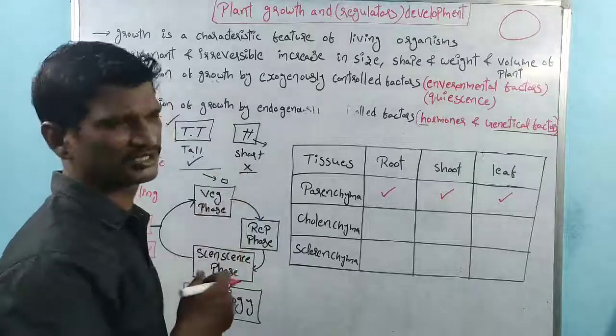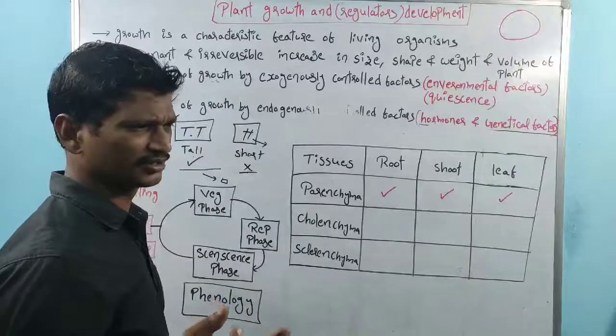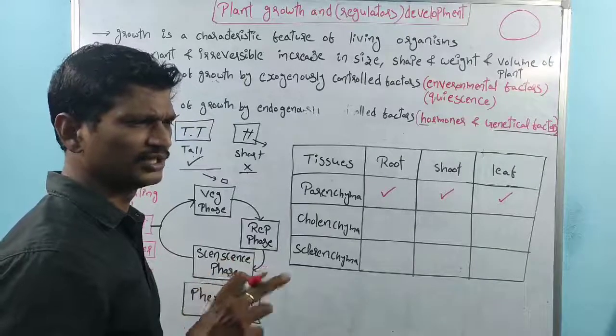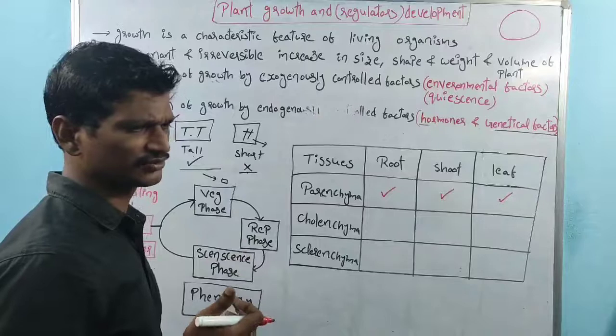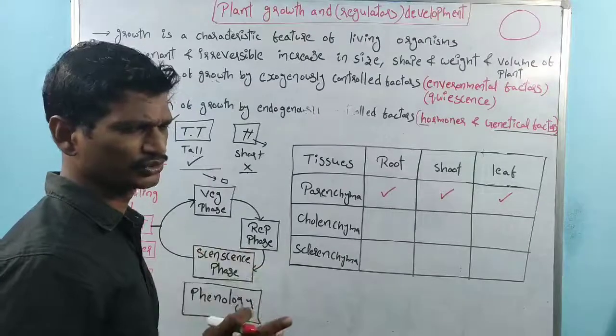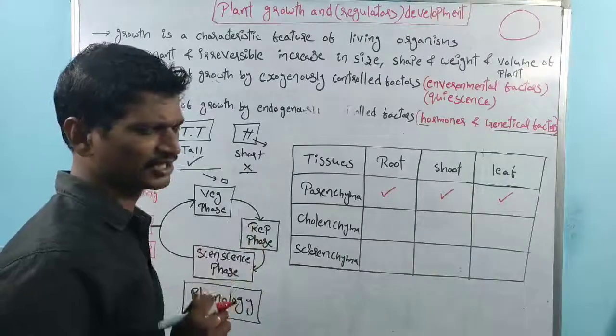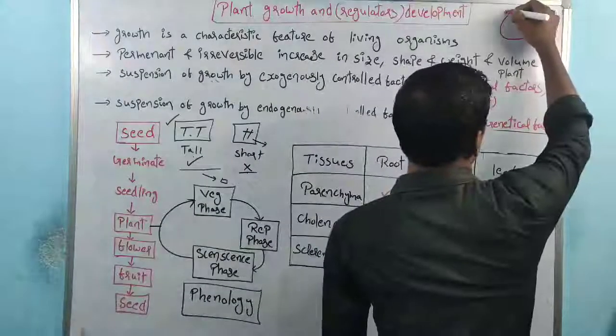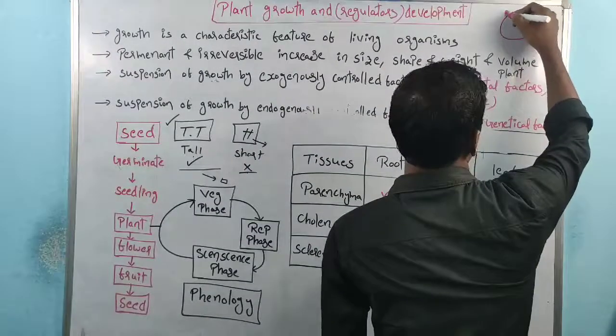Sir, how are the parenchyma cells produced? Meristematic cells are involved in continuous cell division, which produces these soft parenchymatous cells.